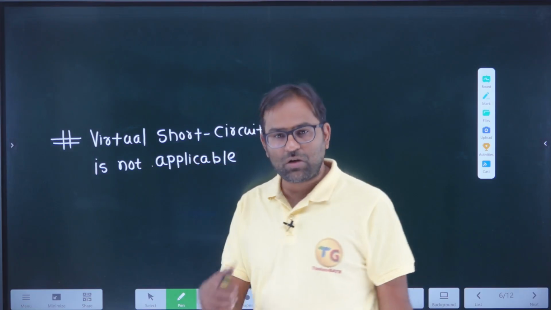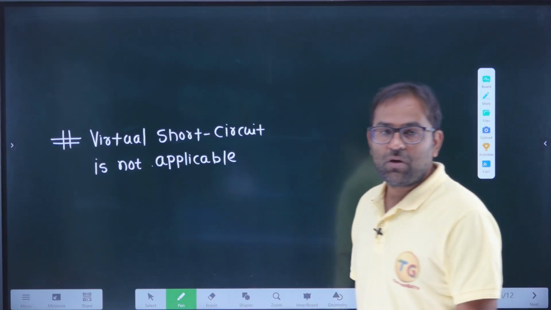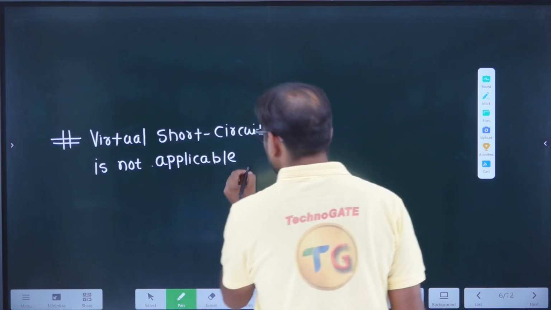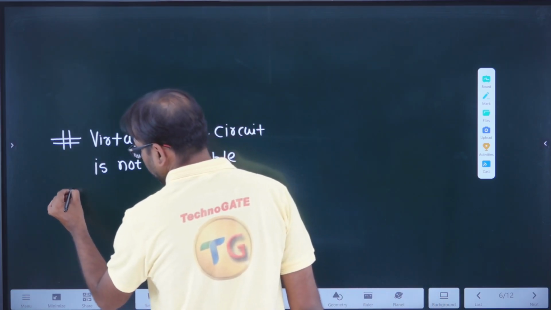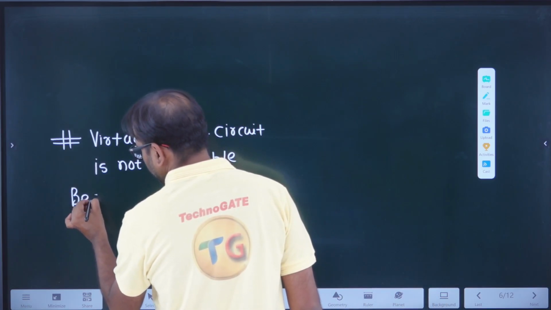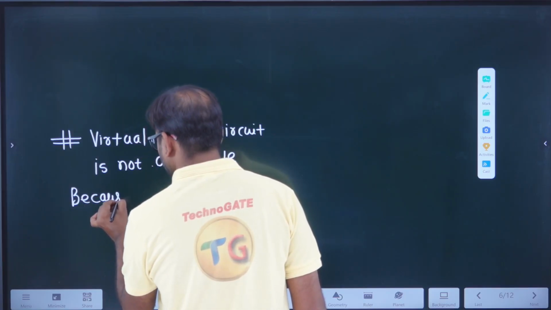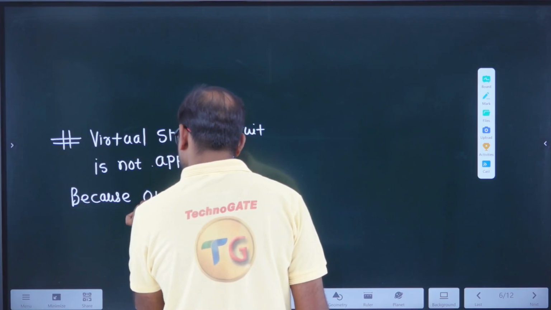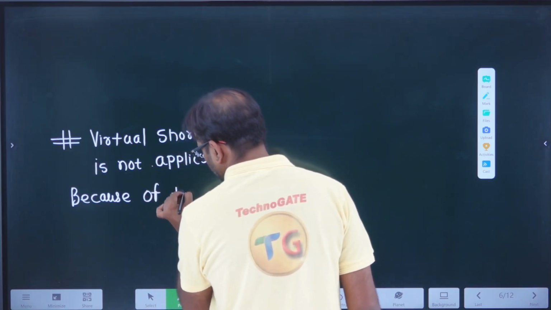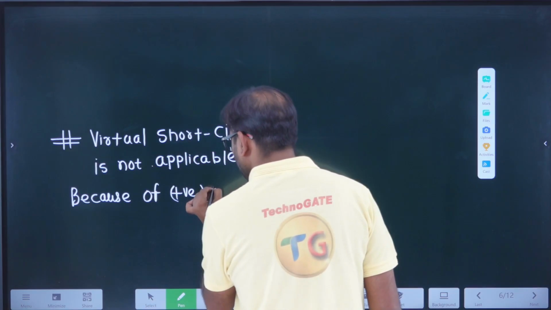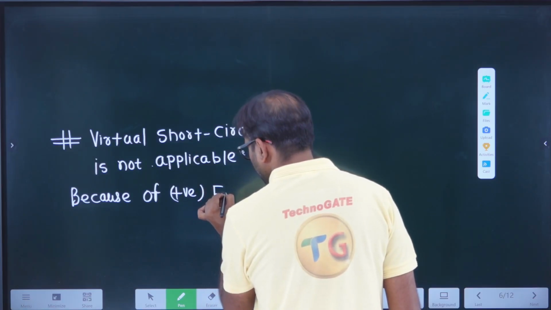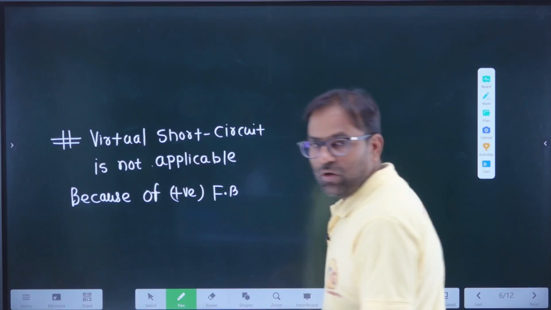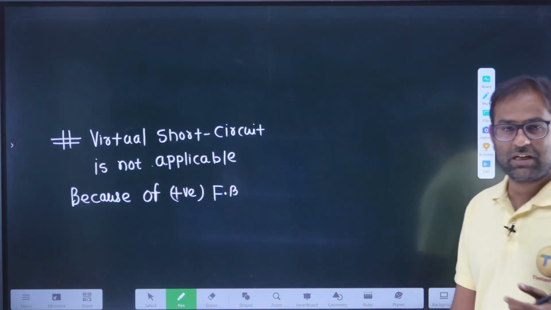Why is it not applicable? Virtual short circuit is not applicable because of positive feedback. Because of positive feedback, the virtual short circuit is not applicable.